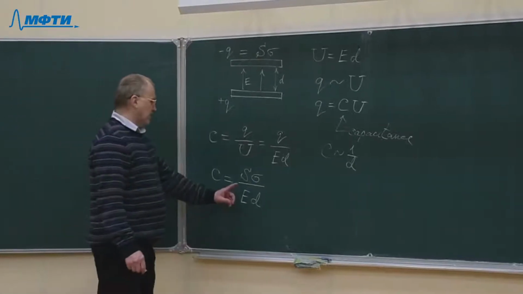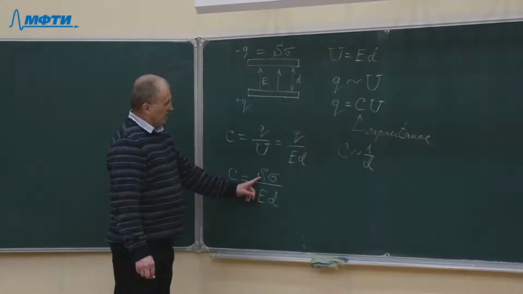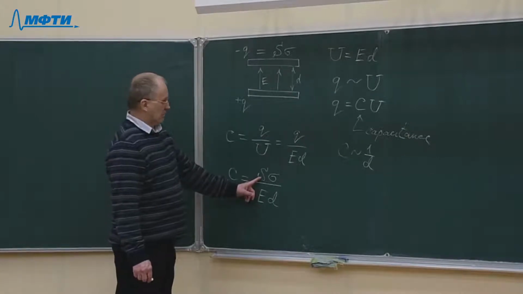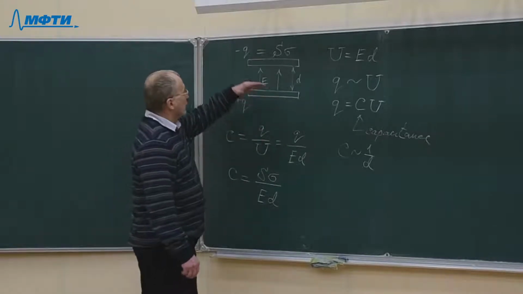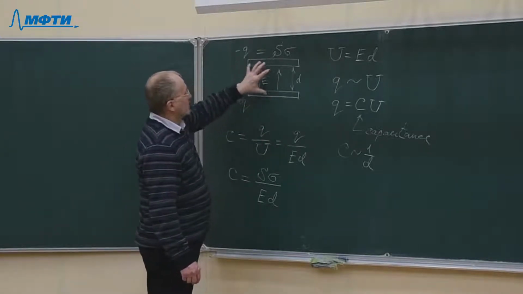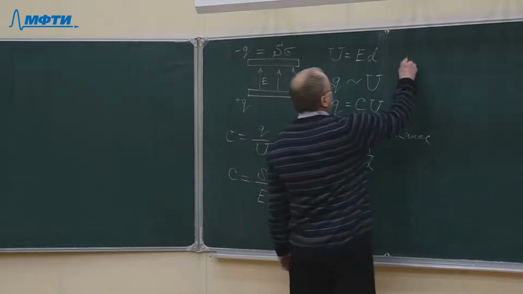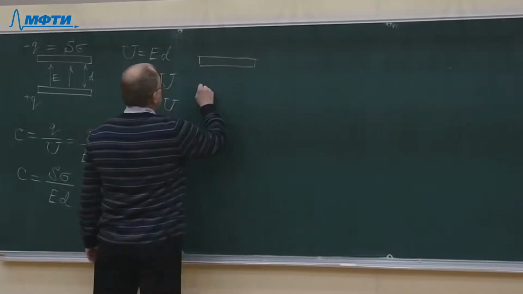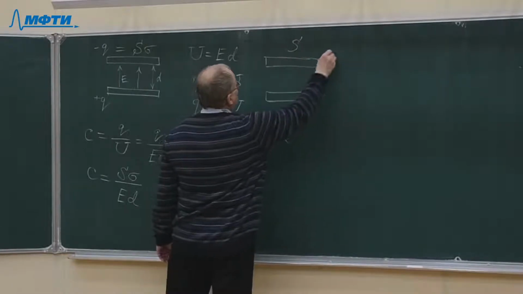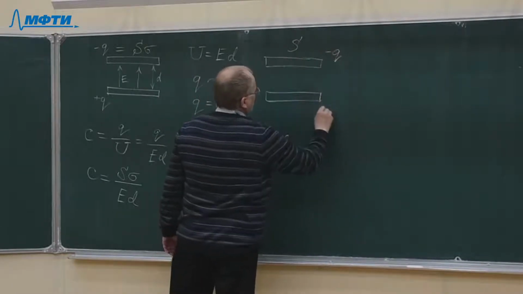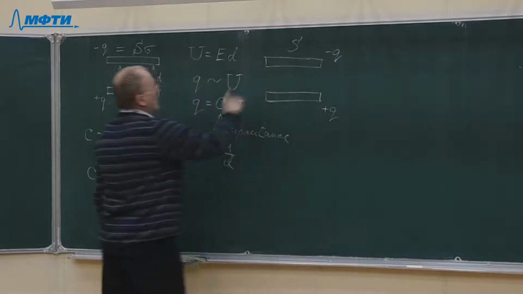What if we somehow change the surface area? Well, how can it be done? We can take another capacitor, practically the same. I will draw here the same capacitor with the same plates, the same distance between the plates, the same area, and charged as the first capacitor, absolutely identical.